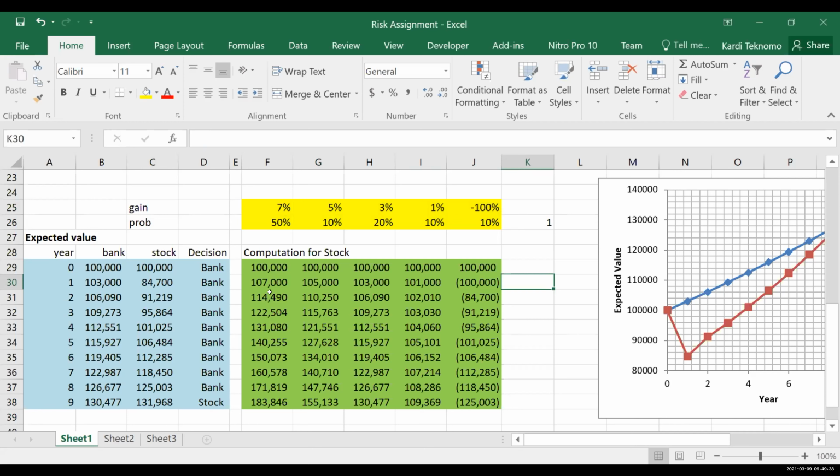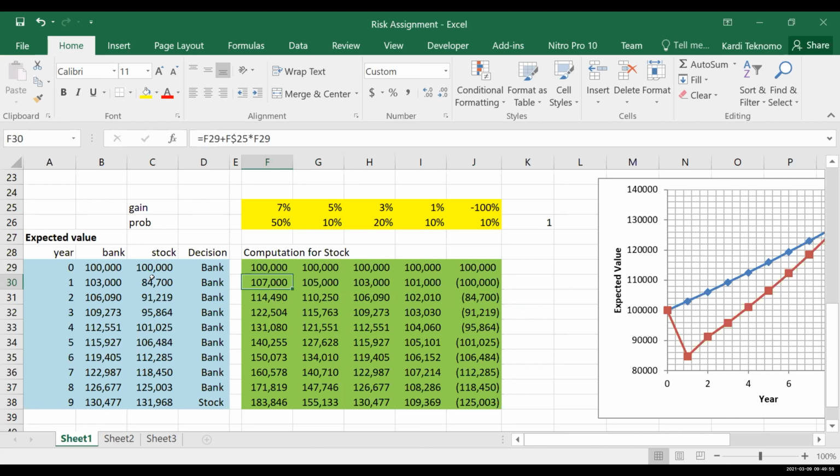So now, for example, where is your problem here? Year 1, year 2? Okay, year 1. Year 1 here is you have 50% to get the 7% return, right?